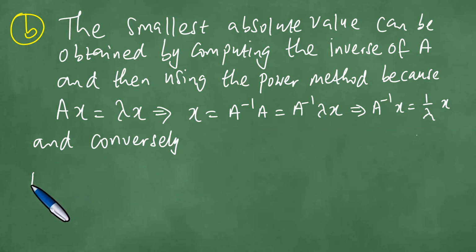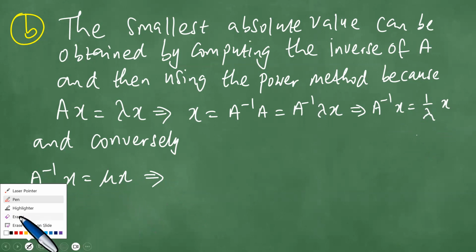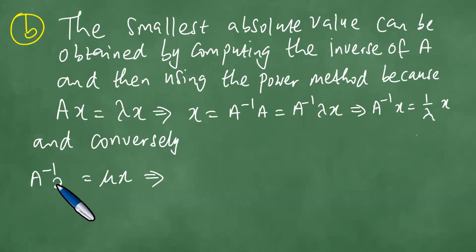As a converse, we can consider that if you have A inverse x equals mu x, this means that we can get x from this. We just call 1 over lambda mu, so that we look at the whole thing in reverse, in a converse fashion, the mathematical converse.